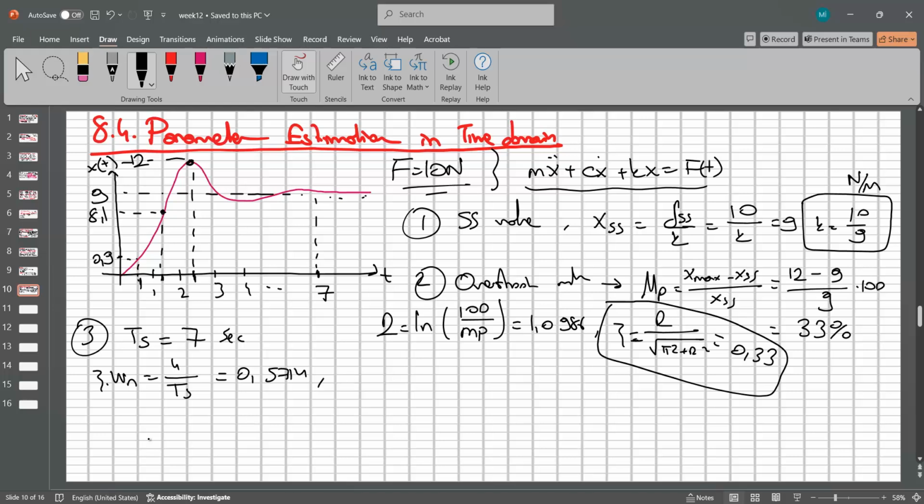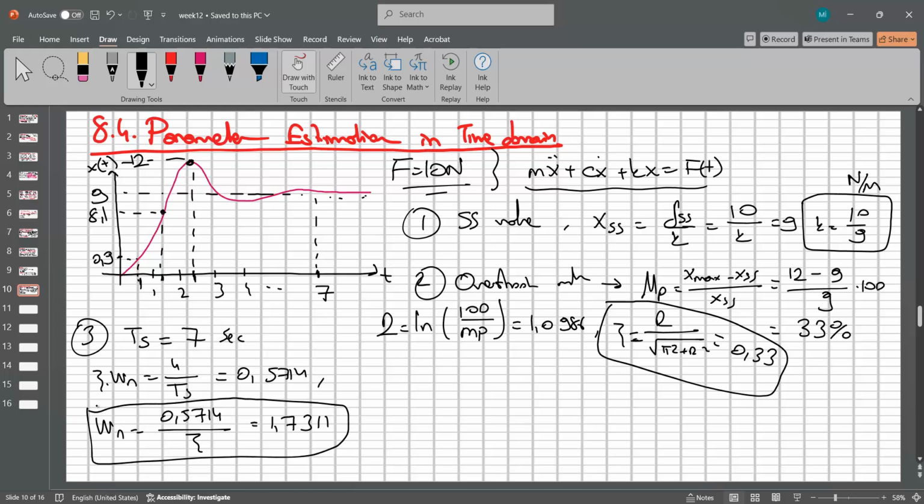And so if this is the case, Wn is equal to this divided by zeta, which is equal to 1.7311, right? This is the Wn.